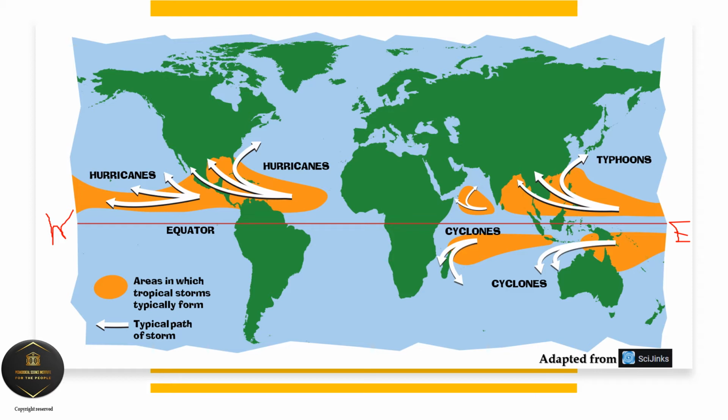Because of this, your tropical cyclones will generally move from the east to the west. And why? Because they are driven by tropical easterlies, or winds that are formed in the tropical easterly wind belt. So I hope we are fine with that.